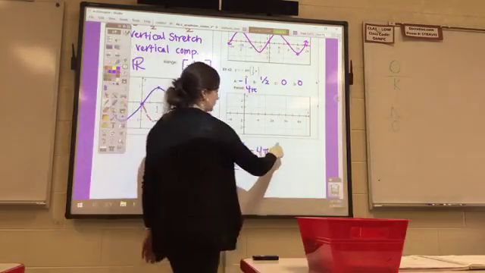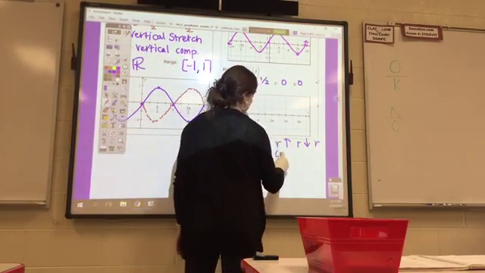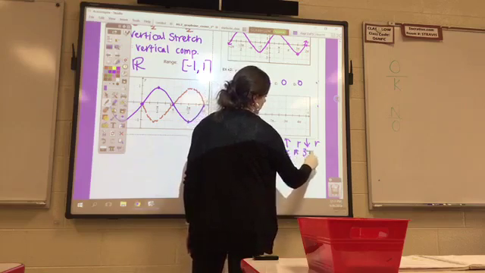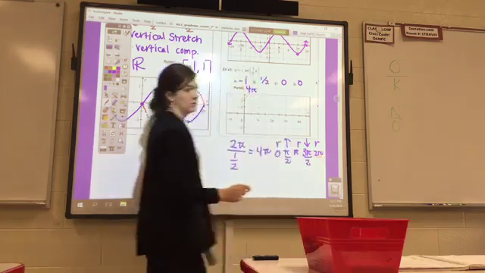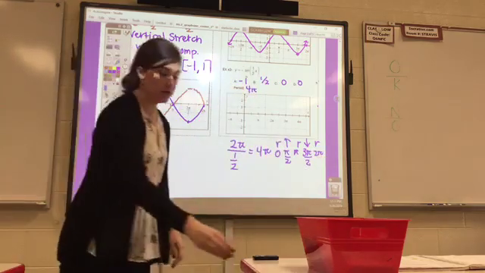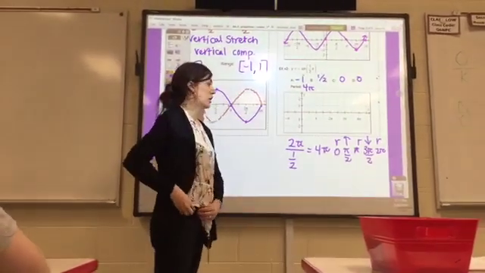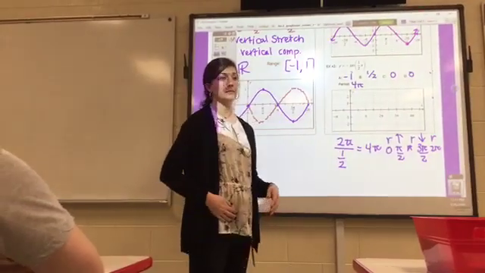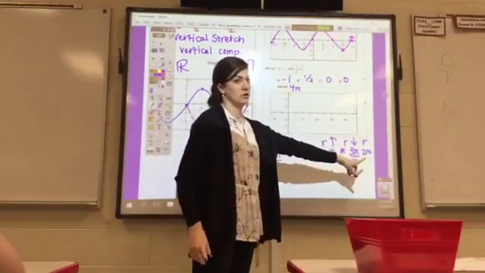Ready? Root up, root down, root. 0. Pi over 2. Pi. You're going to hear me say this about 35 times over the next 2 days. Okay? Because that cheat chart does not change. The cheat chart does not change. Okay? So, now here's what I want you to think about. This B alters the cheat chart.